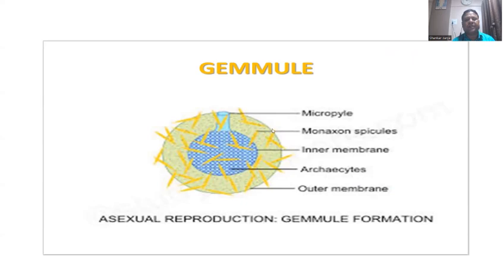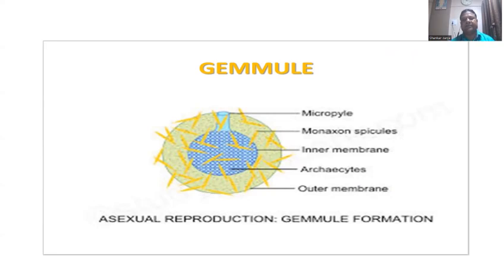When river water or any freshwater body dries up, then in the body of Spongilla, in the body of sponges, an internal bud is developed, made up of centrally placed archaeocytes. In the center there are archaeocytes, surrounded by amoebocytes.